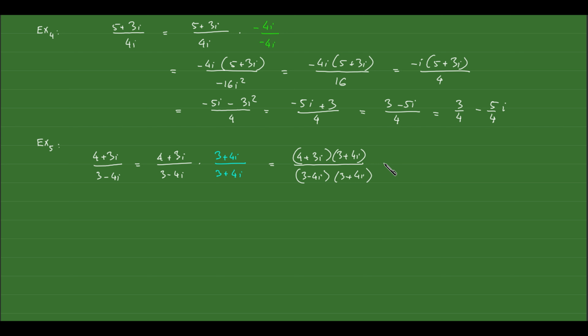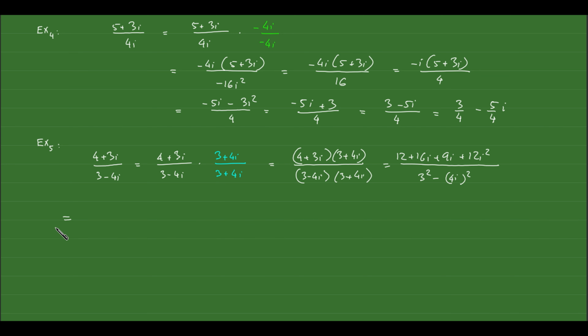And now I'm going to foil them, so that gives you 12, 16i, and 9i, and 12i squared, over 9 plus 12i minus 12i. Oh, you can apply the difference of squares right here. It's faster. So a minus b times a plus b is a squared minus b squared.